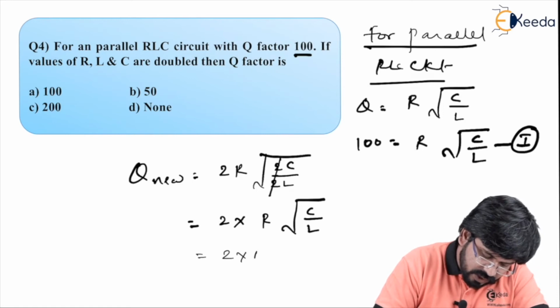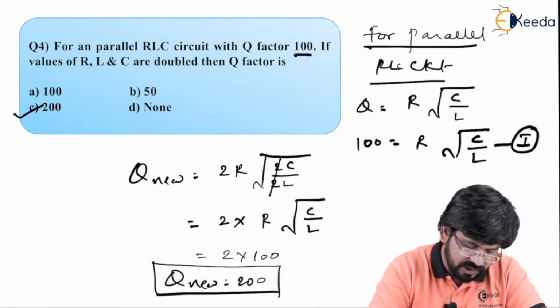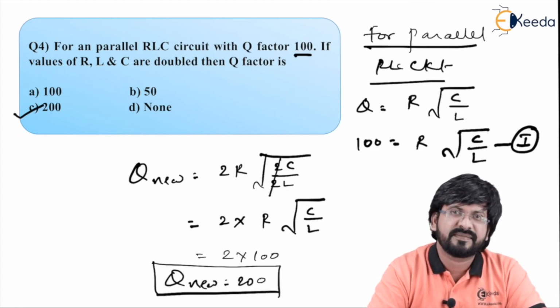So I can say it is 2 times 100. So Q new is 200. So the new value of Q factor is option C, which is 200. So what is exactly happening is, if RLC values are doubled, then Q factor becomes half in case of series RLC circuit, and the same Q factor becomes doubled if it is a parallel RLC circuit.